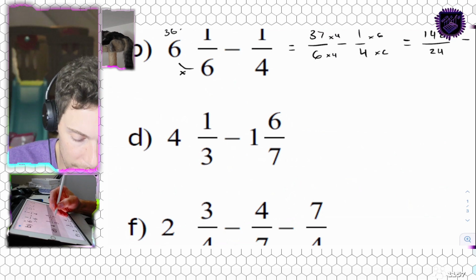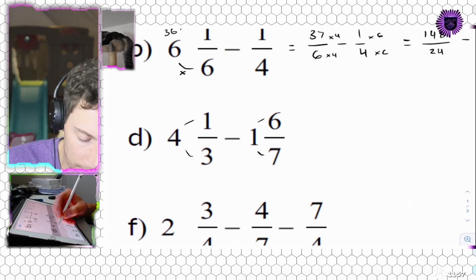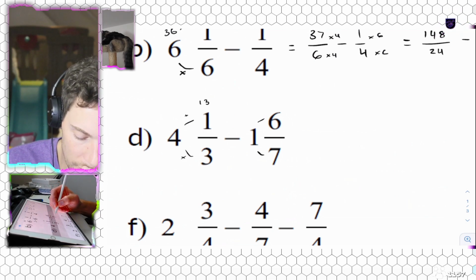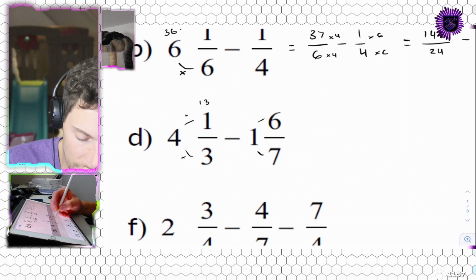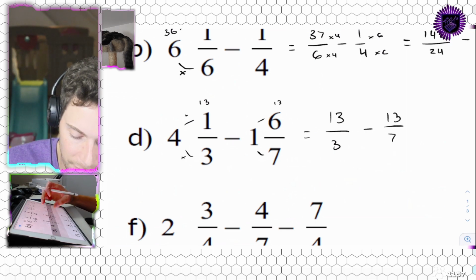All right, let's rewrite this in improper fractions. Multiply, then add. So 4 times 3 is 12. So this is going to be 13 thirds. And this is going to be 7 times 1 is 7. 7 plus 6 is 13 sevenths. So we have 13 over 3 minus 13 over 7.